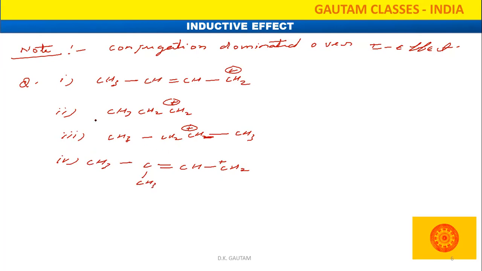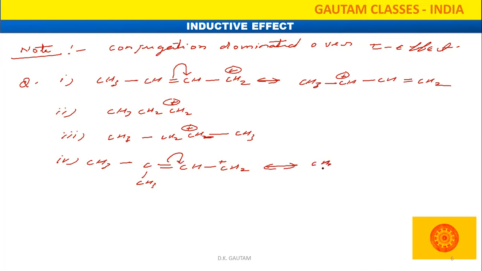So look, now here the thing is that conjugation is going to dominate over the inductive effect. So the first and fourth, they both are having the conjugation with the positive charge. How are we going to show the conjugation structure? Electron density will move on that side. We can write here CH3, CH positive charge, and here CH double bond CH2, like that. What about in that case? This electron density will move on this side.